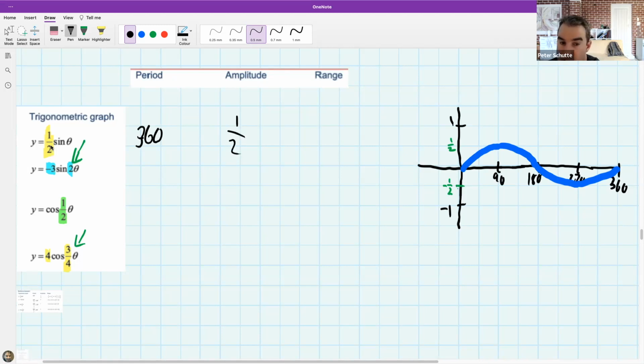It's basically the number in front. And range is going to be, y is going to be between minus a half and a half. So you can kind of see how it lives between here. That's it.